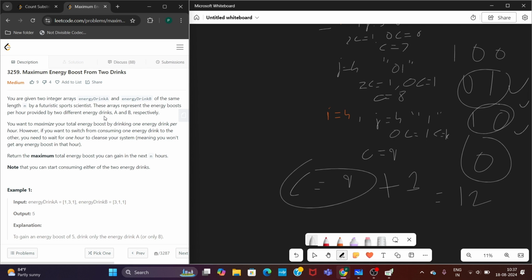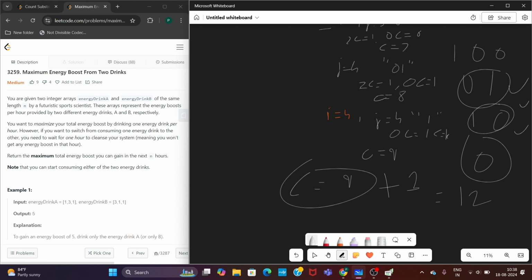So basically the arrays represent the energy boost per hour by two different energy drinks, A and B. You want to maximize your total energy boost by drinking one energy drink per hour. However, if you want to switch from one energy drink to another, you need to wait 1 hour to cleanse your system. Return the maximum total energy boost you can gain in the next n hours.